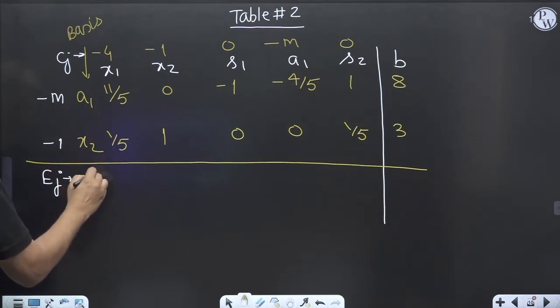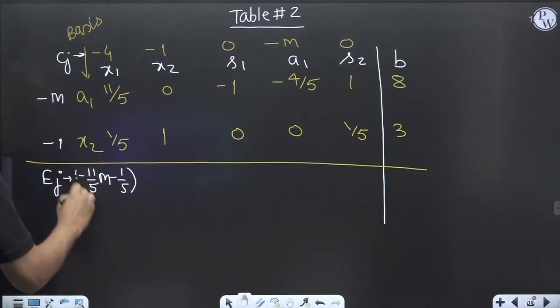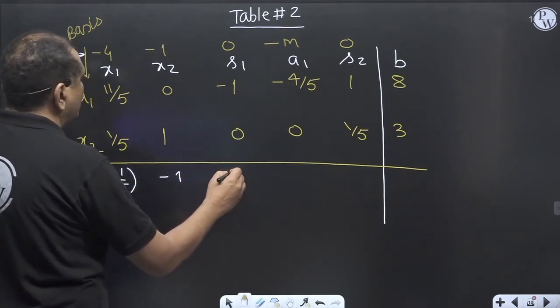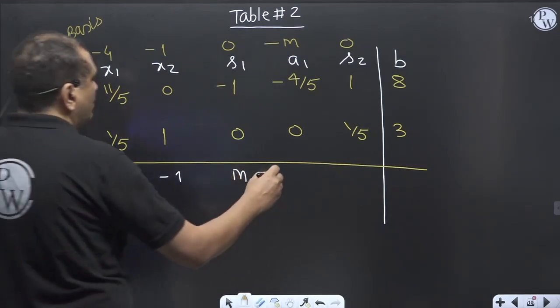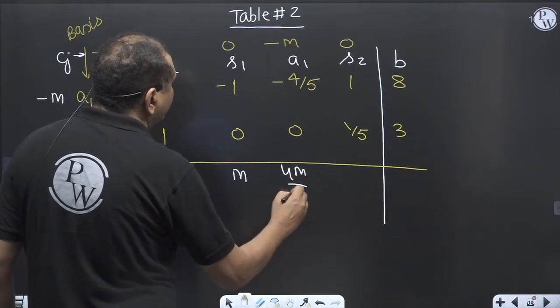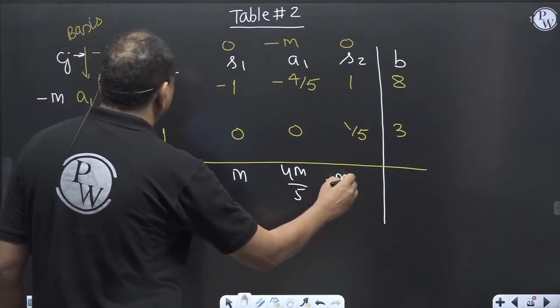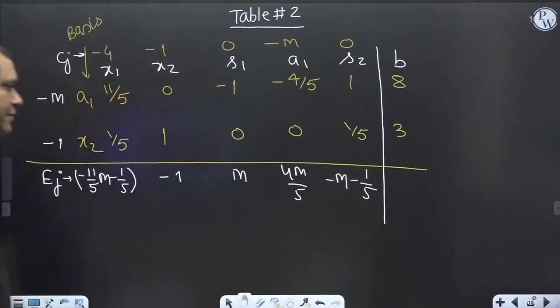So -11/5 M, -1/5, correct na? -1, M, 4M/5, -M, -1/5. This is Zj.